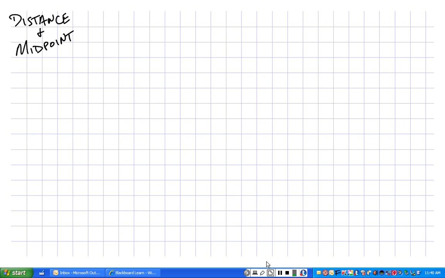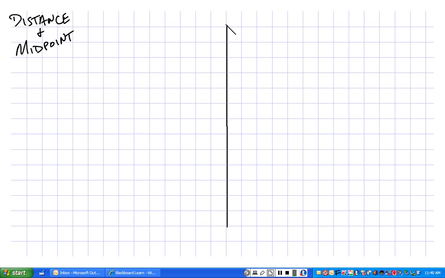So give me a minute here to see if I can get some axes drawn for you. Well, that's not what I want. Here we go. This is what I want.